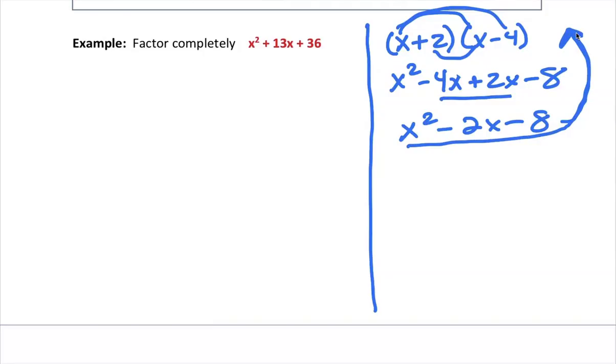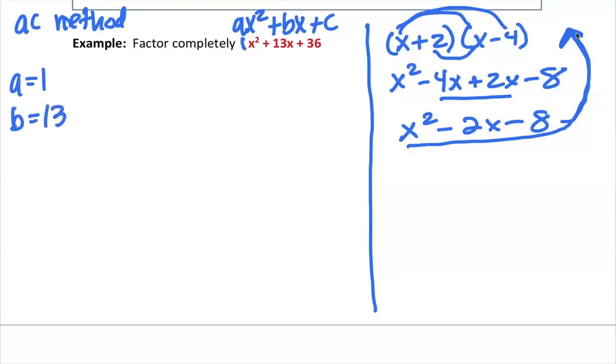And I'm going to teach you something called the AC method. So this, in standard form, this is called standard form when we have it written as ax squared plus bx plus c. So our a is 1, our b is 13, and our c is 36.